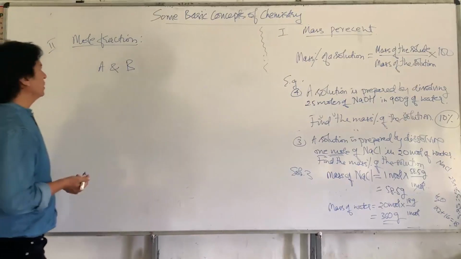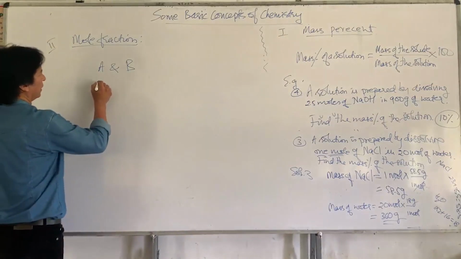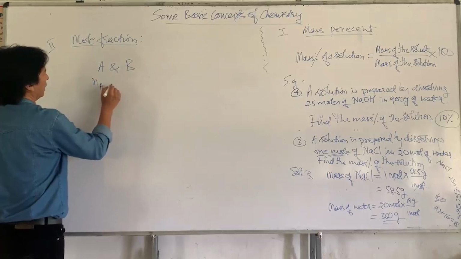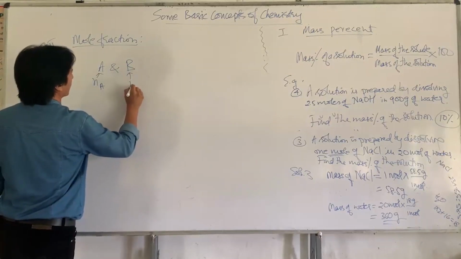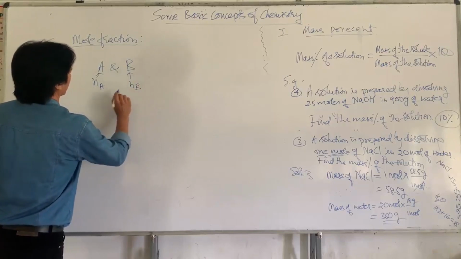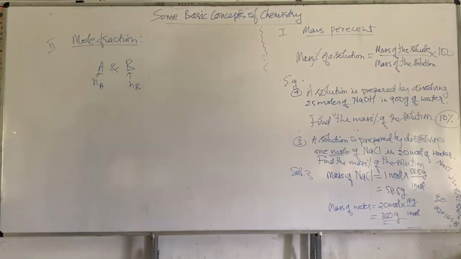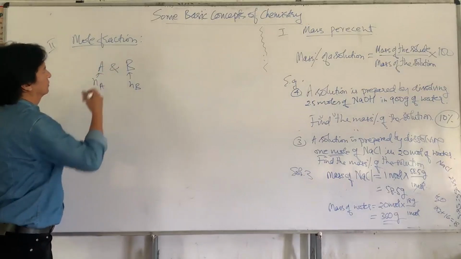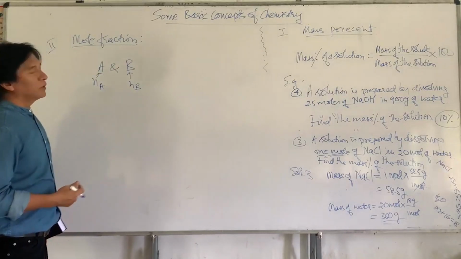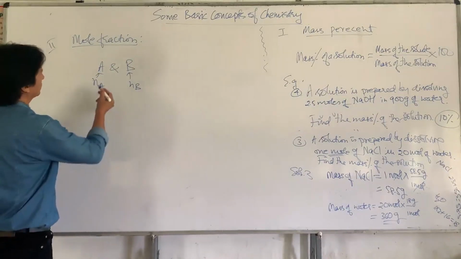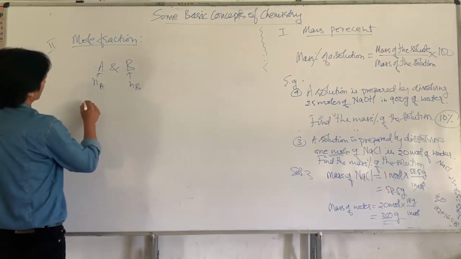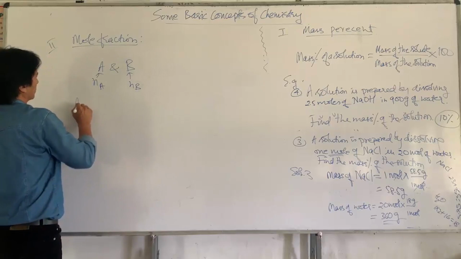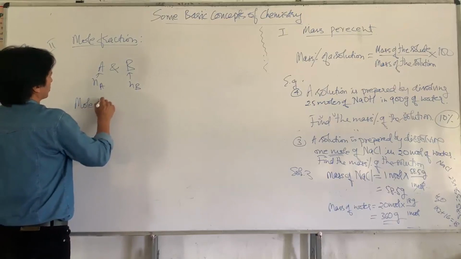And if we assume the number of moles of component A to be Na and that of B to be Nb, then the mole fraction of each of these components can be obtained by this expression.